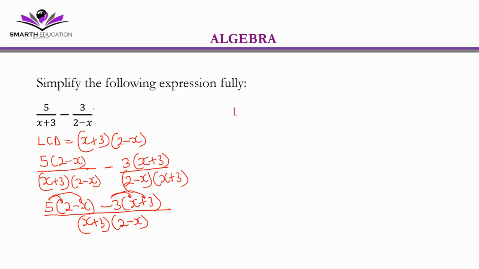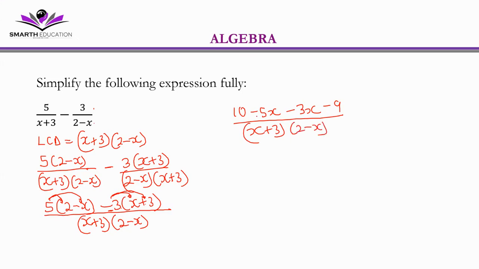So 5 times 2 is 10, and then 5 times negative x is negative 5x. Then negative 3 times x is negative 3x. Then negative 3 times positive 3, that's negative 9. And then over x plus 3, then 2 minus x.